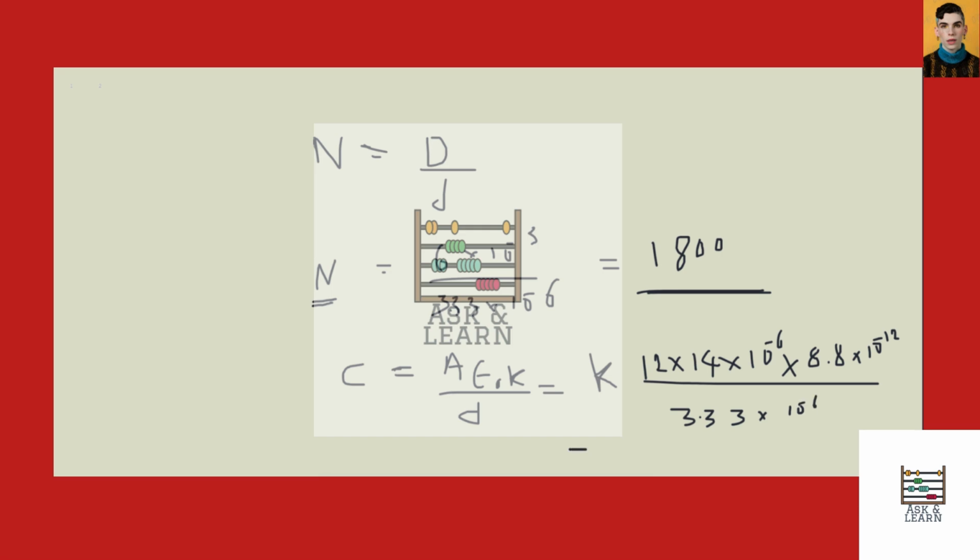So this value, let me perform this calculation on my calculator. So this value is 446 K times 10 power negative 6.